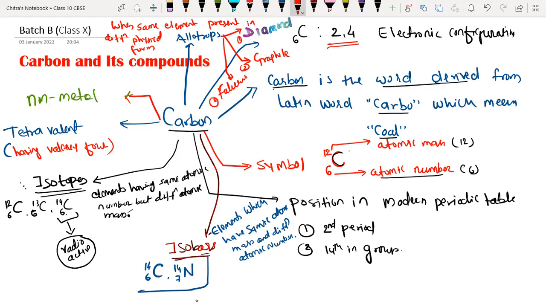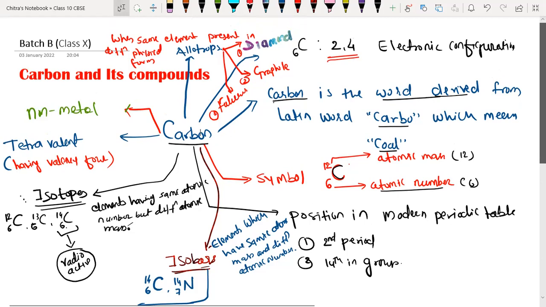This is the general introduction of carbon. I hope we have covered much of the part about carbon here. I want everyone to take a screenshot of that. Done? Okay.